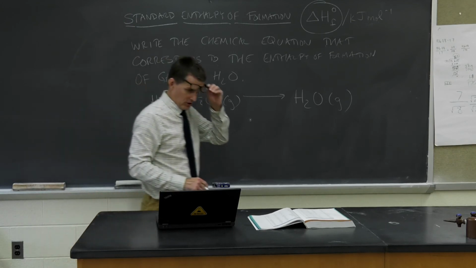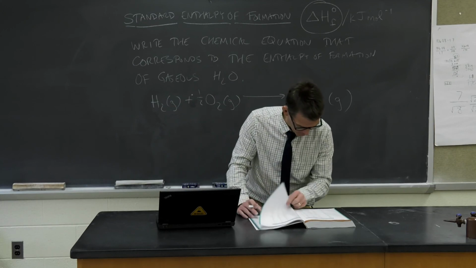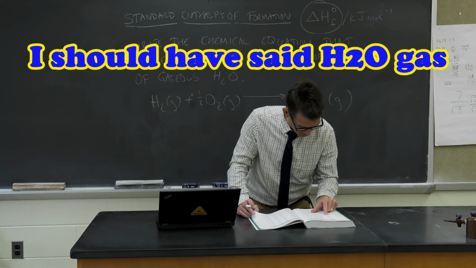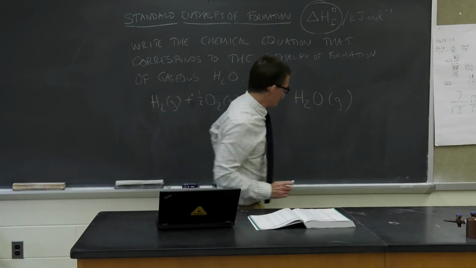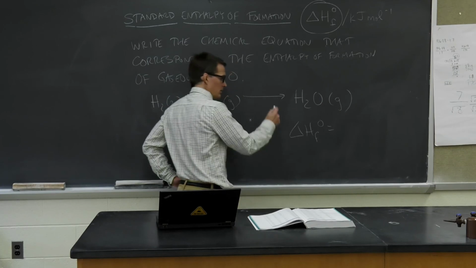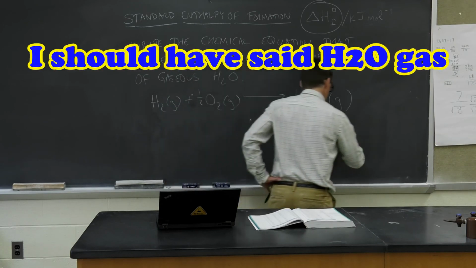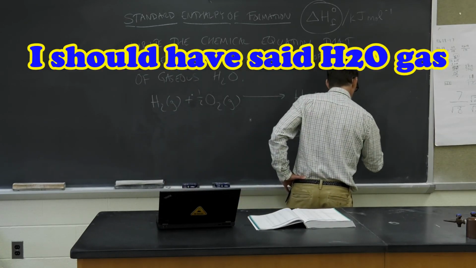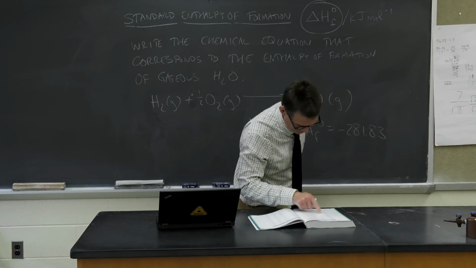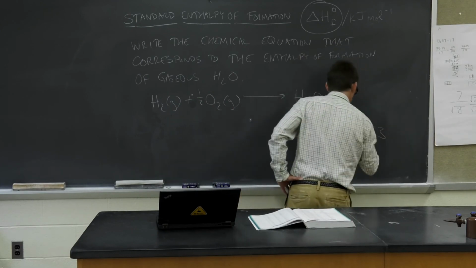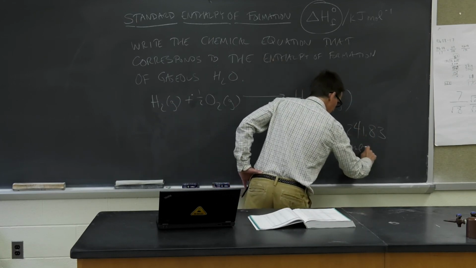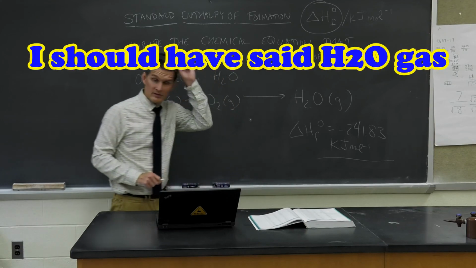And if I look through the chart for H2O gas, the standard enthalpy of formation for 1 mole is minus 281.83. I think I got that right. Yep. Oh, sorry, 241.83 kilojoules for every mole of water that's going to be produced.